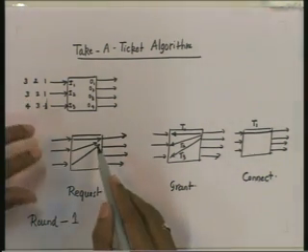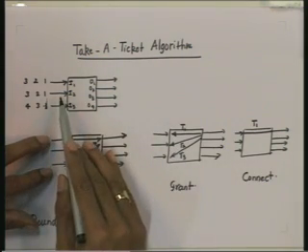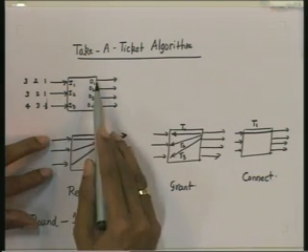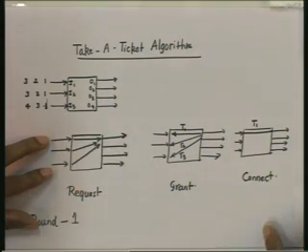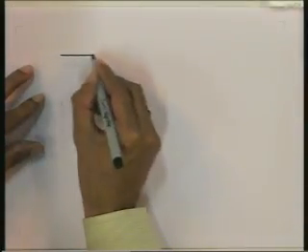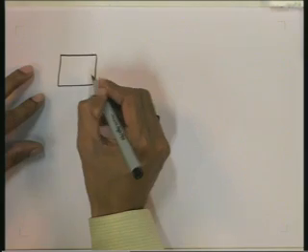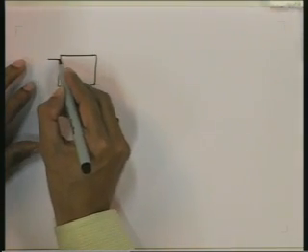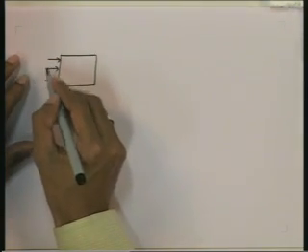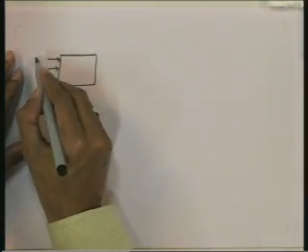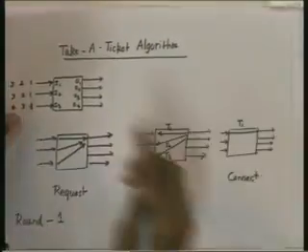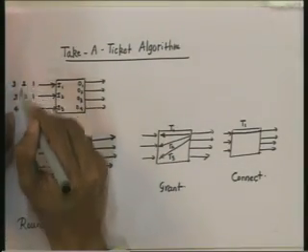Now in round 2, input port 2 will send the packet to output port 2, and in round 3 the next happens. Let us see what happens in round 2. Input port 1 has already sent packet 1, and now it has a packet which is to be sent to output port 2.